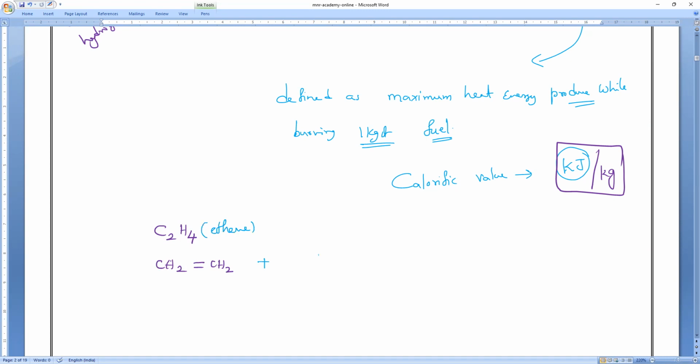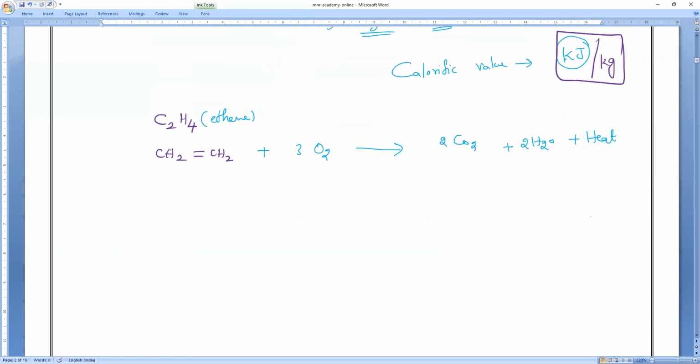So ethene reacting with oxygen, note it, everybody, will produce carbon dioxide plus water vapor plus heat. But it will also release unburnt carbon in the form of what, everyone? Soot particles. That is what you have to remember.